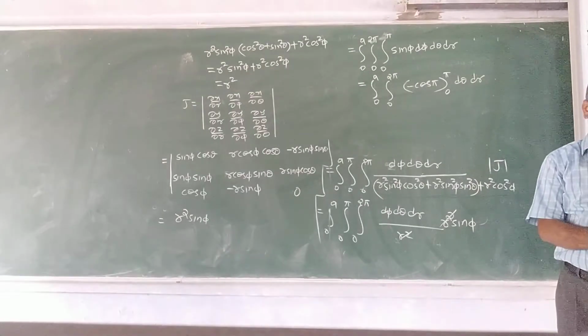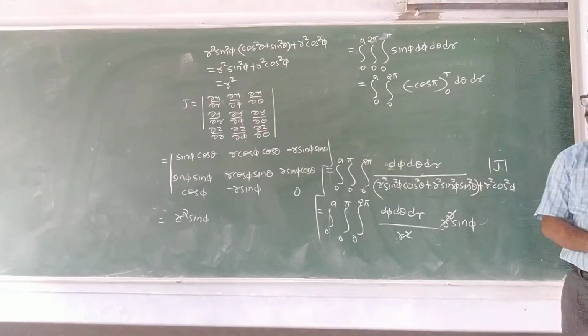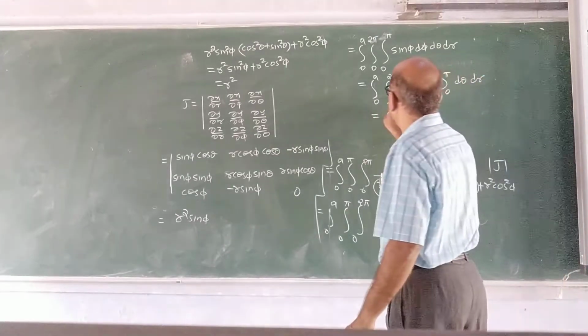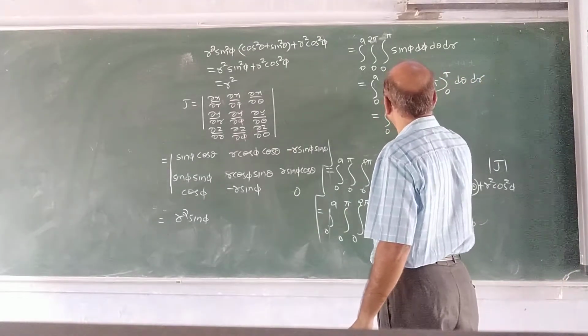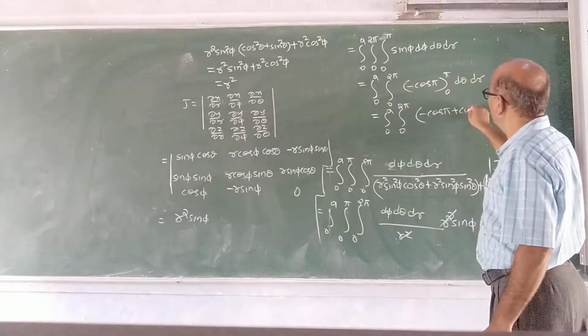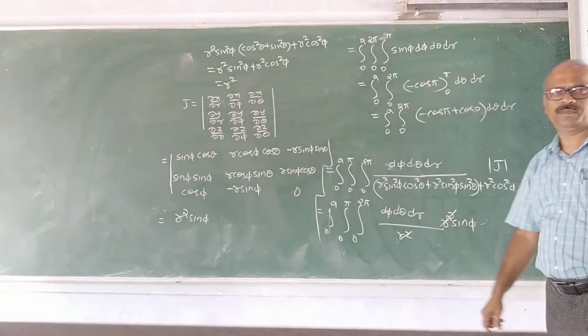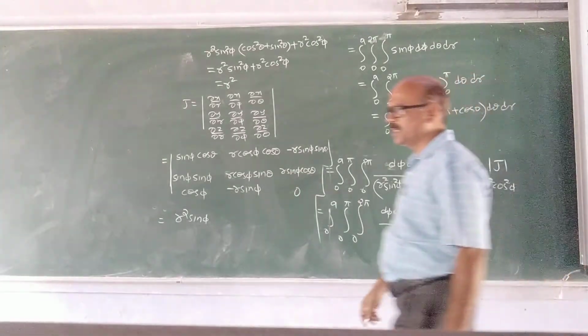Minus cos phi. So 0 to a, 0 to 2 pi, minus cos pi plus cos 0, d theta dr.